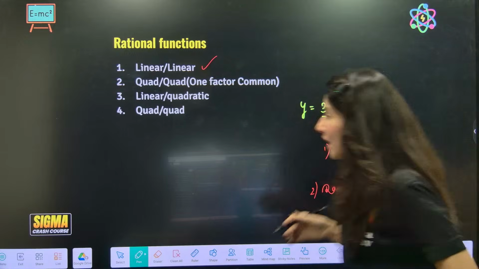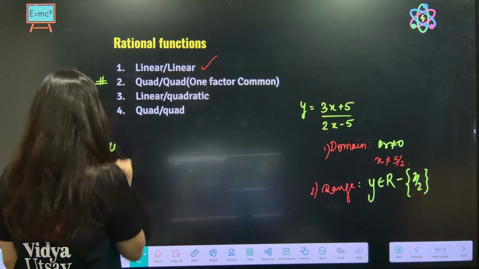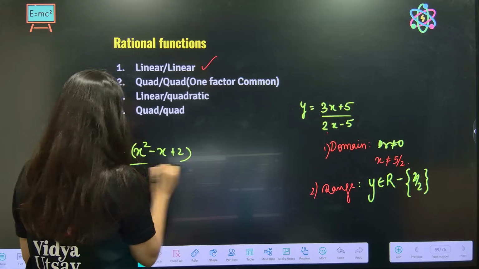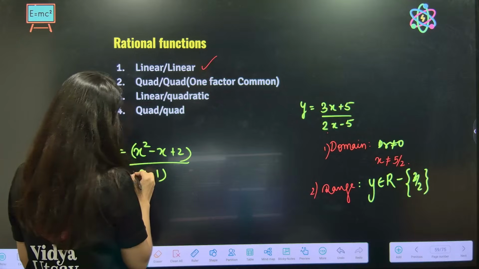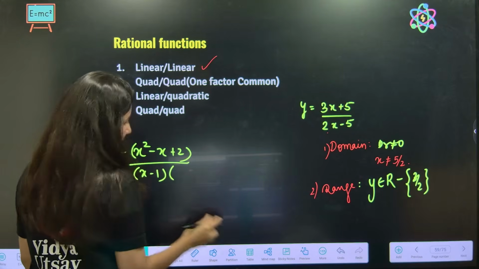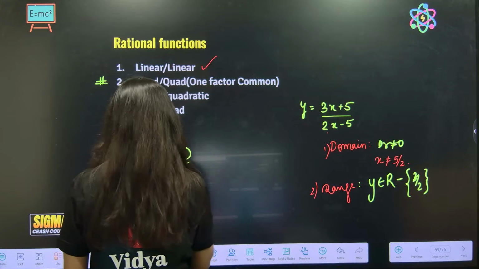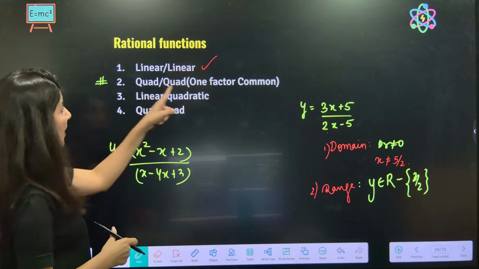Now quadratic by quadratic. So y equals (x² + x - 2)/(x² - 4x + 3). The numerator is (x - 1)(x + 2) and the denominator is (x - 1)(x - 3). This time one factor is common.